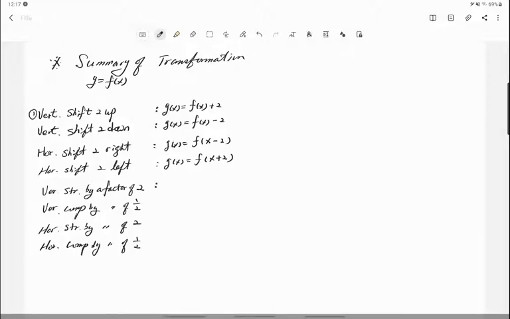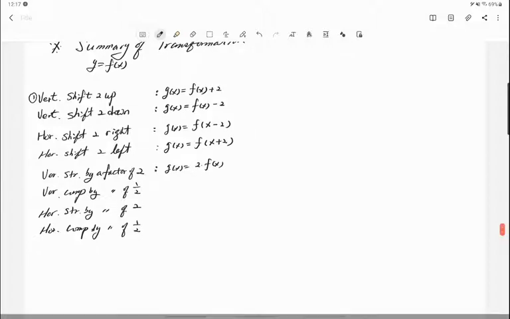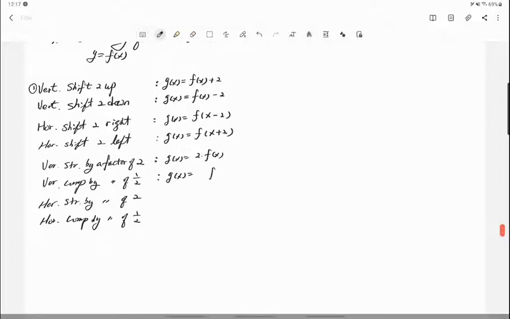All right. And then vertical stretch. Vertical stretch means the new function will be what? Multiply f of x by the number 2, which is greater than 1. That's the vertical stretch. And vertical compression is multiplying the y value by a number less than 1, which is 1 over 2.